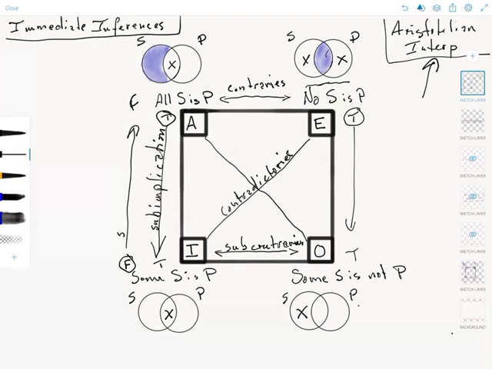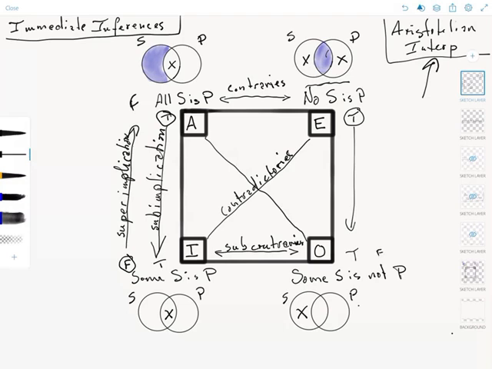This relation is called superimplication. So superimplication goes up from the particular to the corresponding universal, and it goes from false to false.